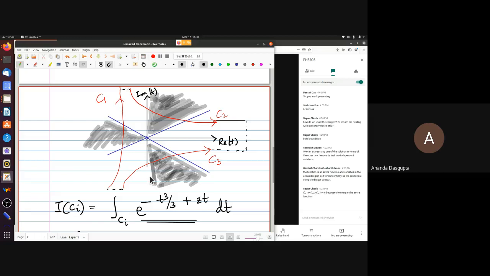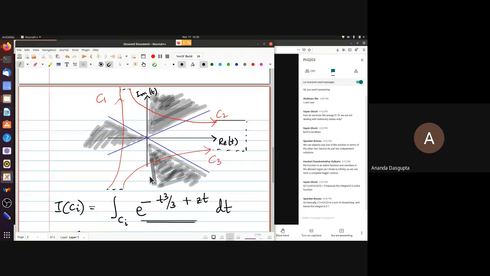The joining pieces contribute nothing, and C3 is being traversed in the opposite direction. So it's actually IC1 plus IC2 minus IC3. And this quantity has to be 0 by the Cauchy theorem, simply because you are integrating a function which has no singularities, an analytic function, an entire function all the way.